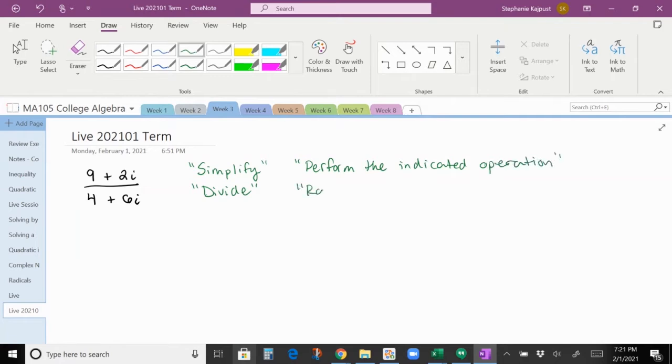And you might see something like rationalize, which isn't technically used with imaginary numbers because they're not really rational, but it's the same sort of idea.